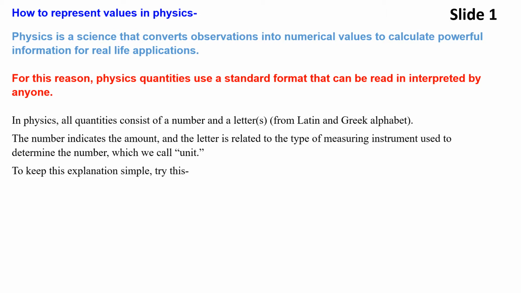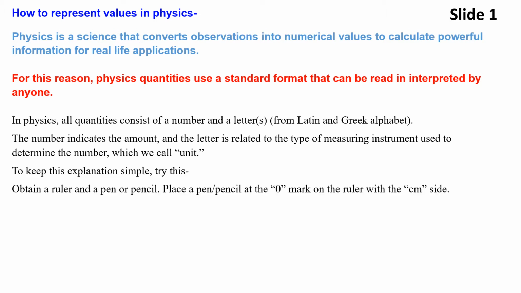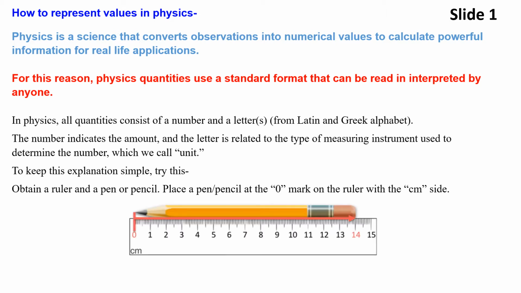To keep this explanation simple, try this. Obtain a ruler and a pen or pencil. Place your pen or pencil at the 0 mark on the ruler with the centimeter side. Here is an illustration. Read the length of the pen.